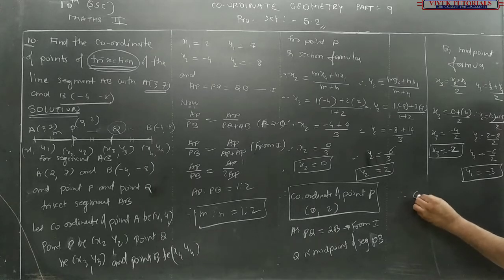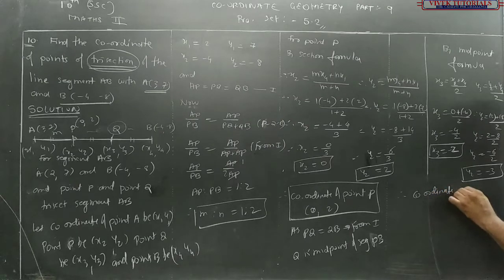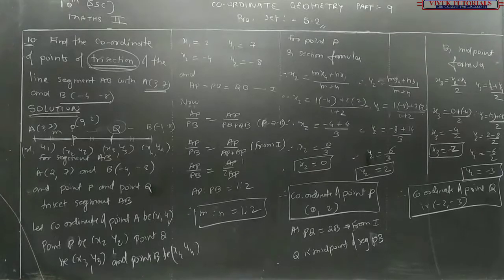Therefore, I can write the coordinate of point Q, sorry, point Q is minus 2 and minus 3. That we are going to put in a box. Okay?